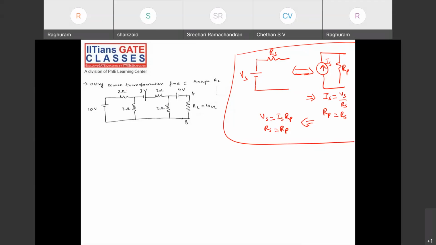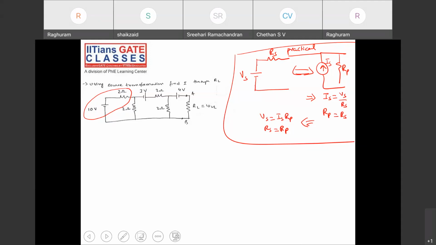First, see this. This is the source transformation technique. One more thing: these are called practical sources. A practical voltage source can be converted to a practical current source, and a practical current source can be converted to a practical voltage source. Ideal voltage sources and ideal current sources cannot be converted, right? So the source transformation technique is used only for practical sources.